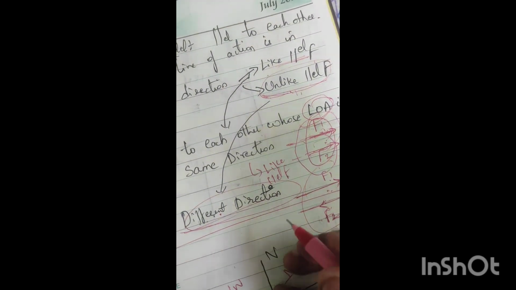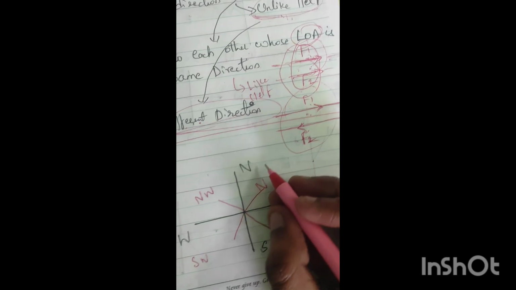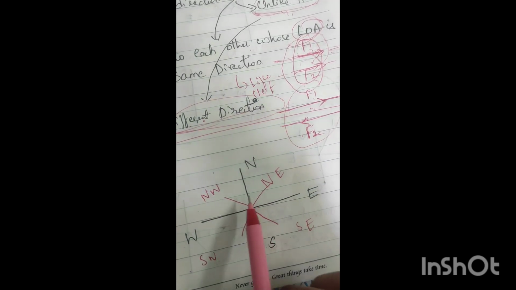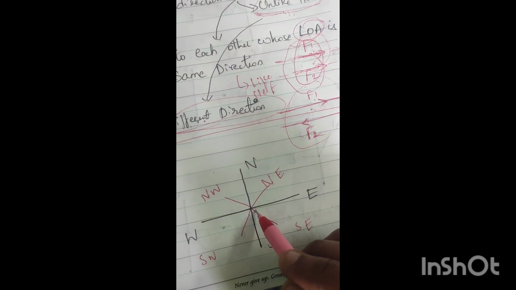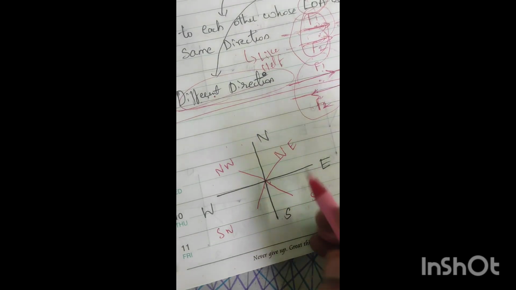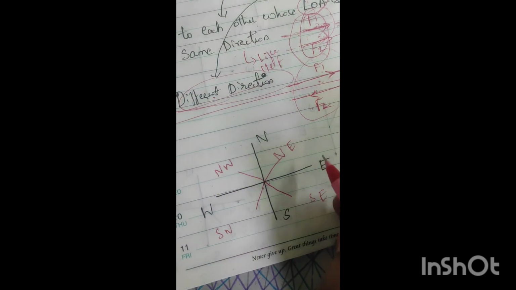See, these definitions are over. Now I am going to explain about the directions. This is very important to do the problems. In the next lecture I will be telling about the problems on concurrent and non-concurrent forces. Before going to that, we have to know the directions.